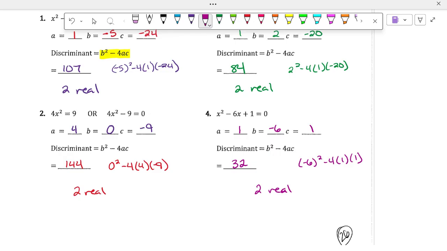You can either factor it out, or to make our lives a little bit easier, we could also just multiply this entire equation by 1 over a.